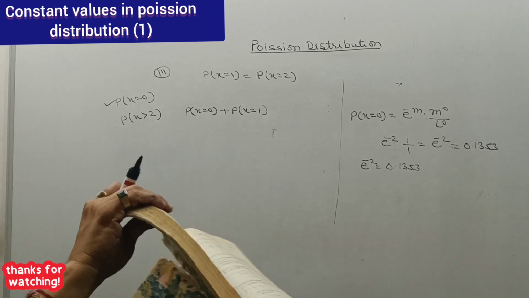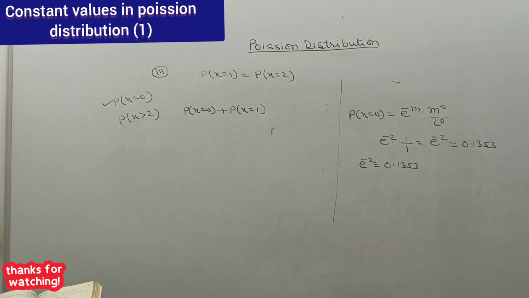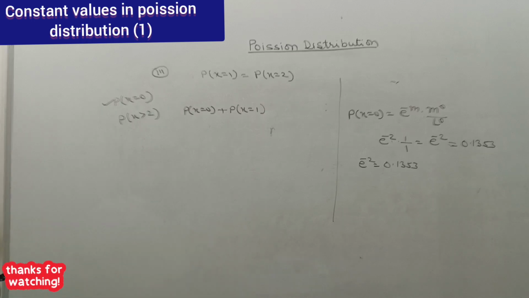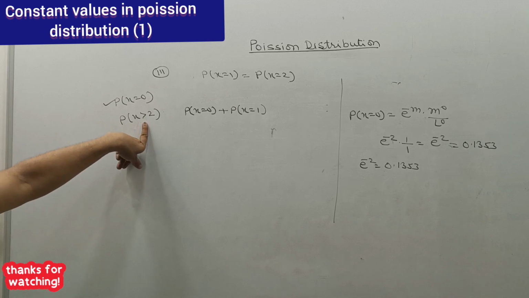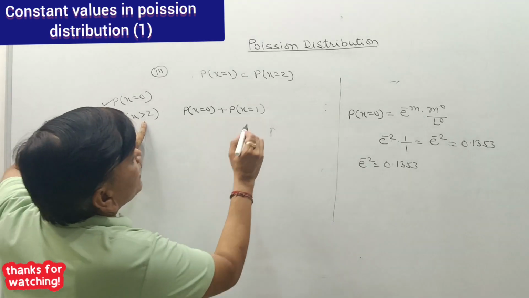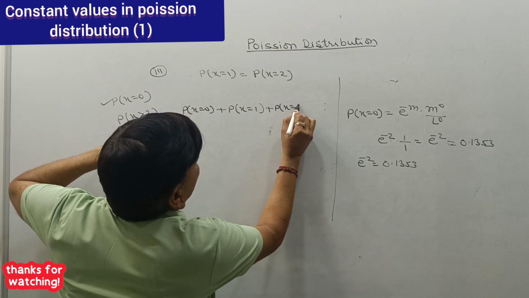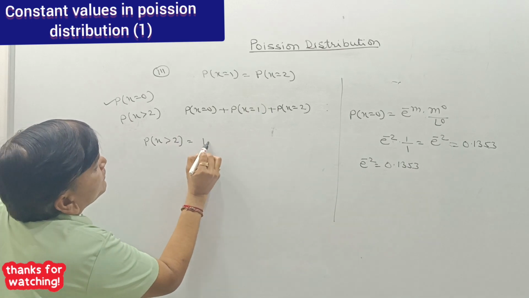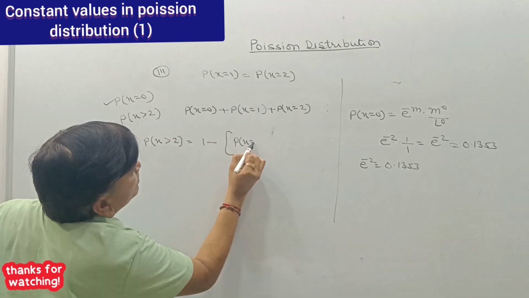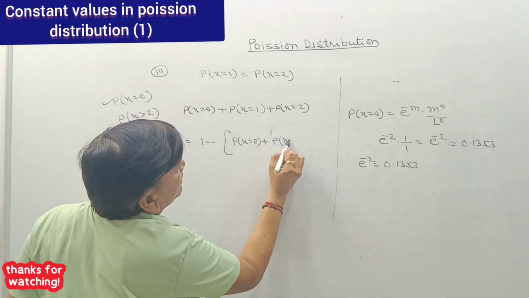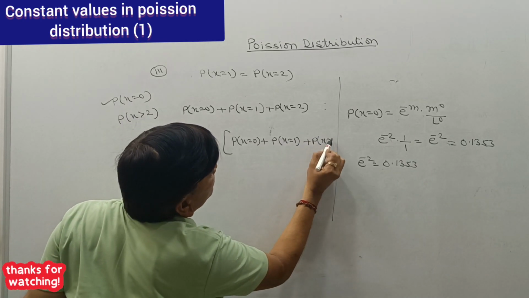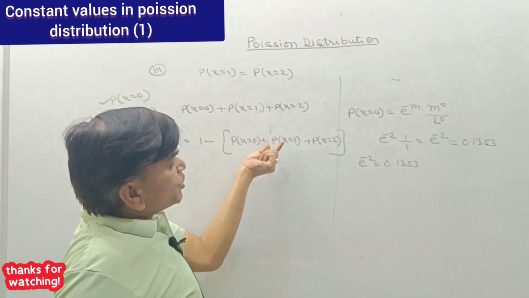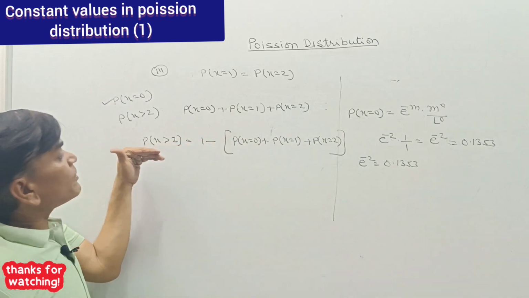For getting x greater than 2, we are to calculate P(x>2), that is 1 minus P(x=0) plus P(x=1) plus P(x=2). If we deduct from 1 the cases x equal to 0, 1 and 2, the remaining will be greater than 2.